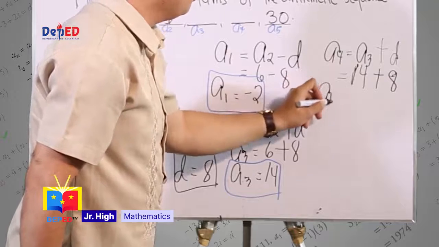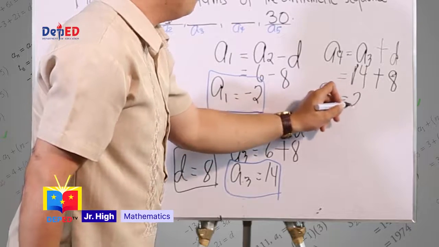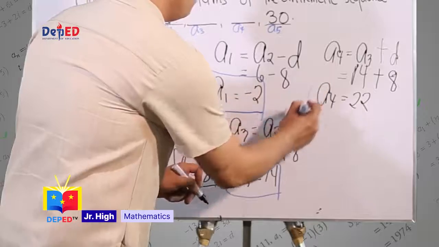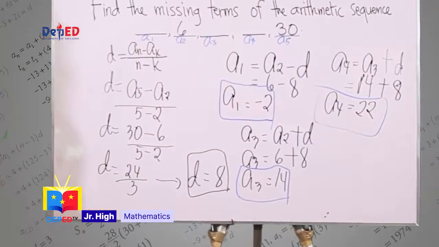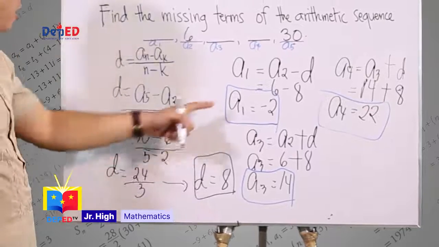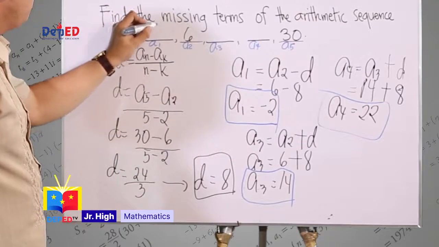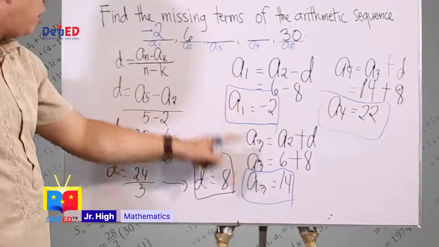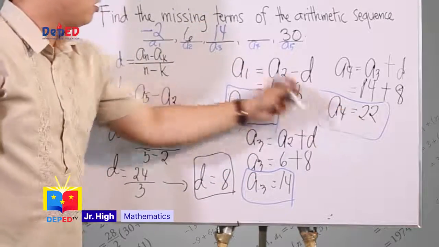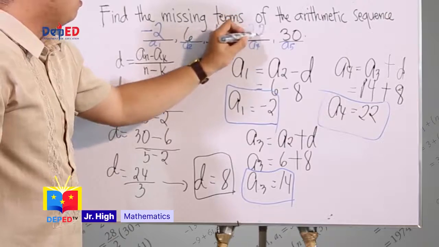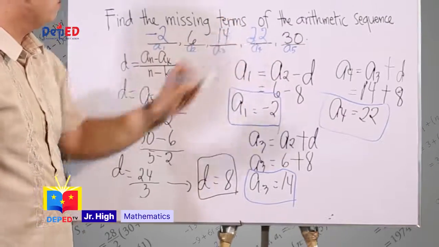Our a sub 4 is now equal to 22. Therefore, the three unknown terms for this sequence are a sub 1 is -2, a sub 3 is 14, and a sub 4 is equal to 22.